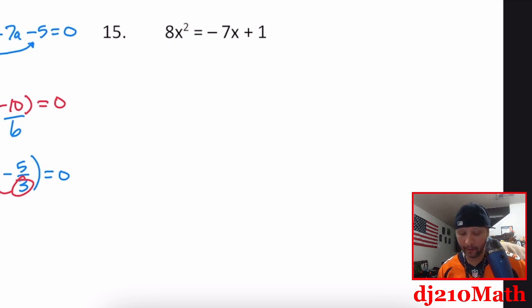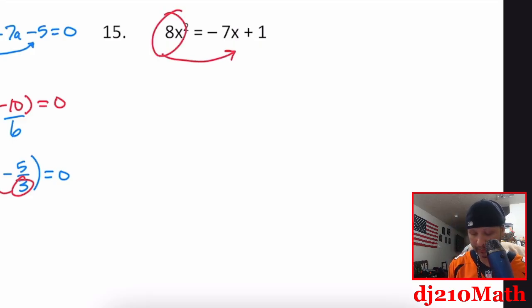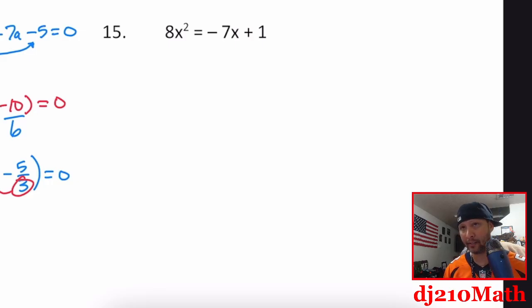Number 15. You might have the instinct to move this one this way because it's less things. You can, it's just going to make the a coefficient negative, and you're going to have to divide everything by negative 1. It's more of a pain to do that.